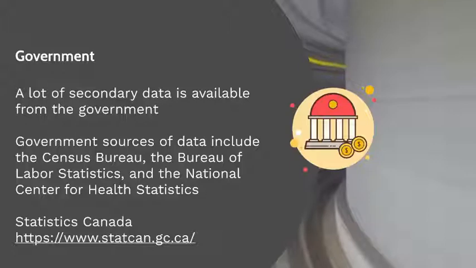It's a website from the government of Canada. It's a federal source of information. There is lots of information about agriculture, census. You can find information about labor, health. So it's a very interesting and rich source of information available here in Canada.